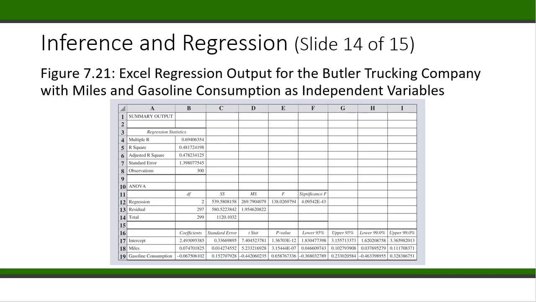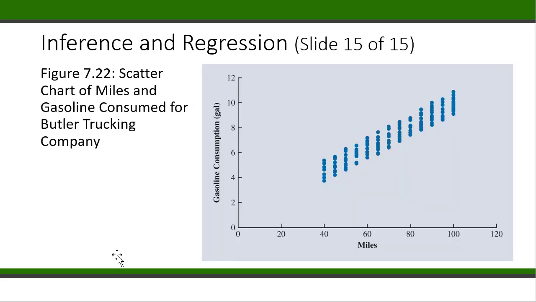So we don't reject that hypothesis. We can see here that if we do a scatter chart of miles and gasoline consumed for the Butler Trucking Company, we can see that miles traveled and gasoline consumed are strongly related.